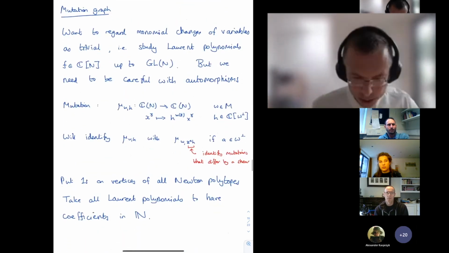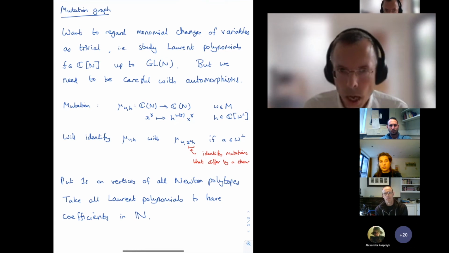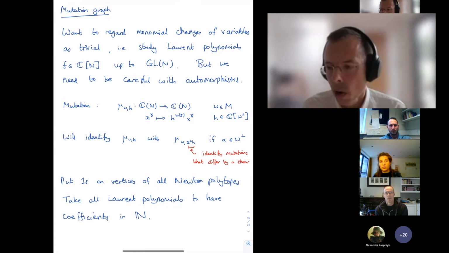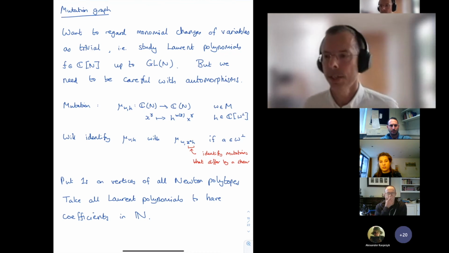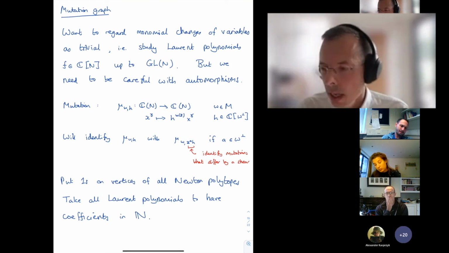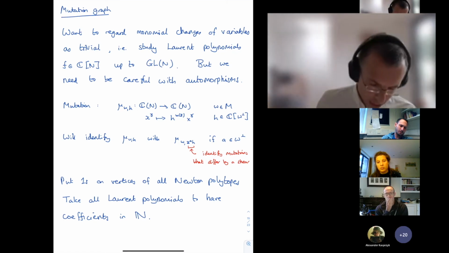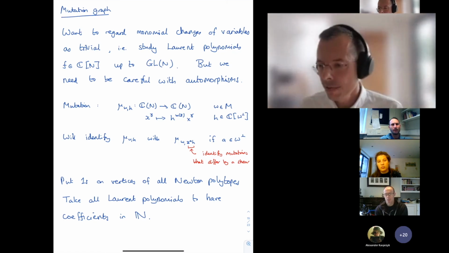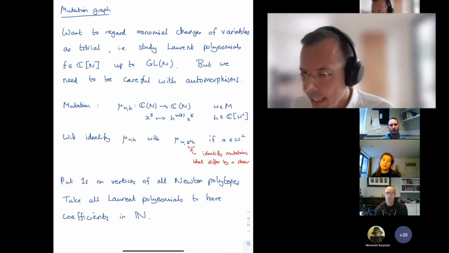Okay, so I'm going to skip quickly over exactly how to say "compatible with a maximal set of mutations" precisely. The reason one has to be slightly careful here is, you know how we had these monomial changes of variables earlier? We had this idea that you have a Laurent polynomial, you have its classical period.